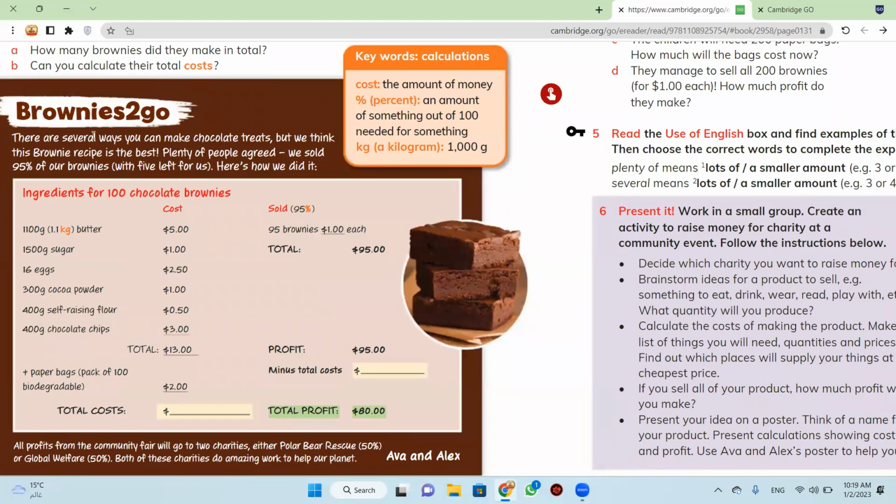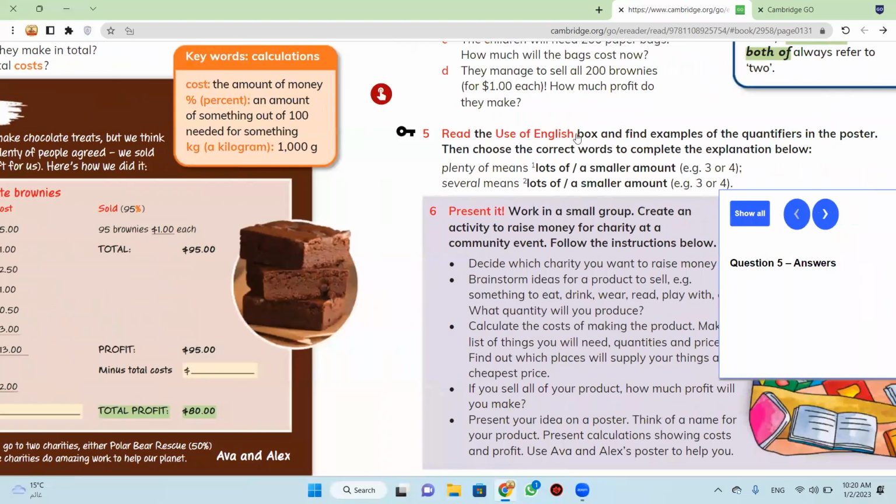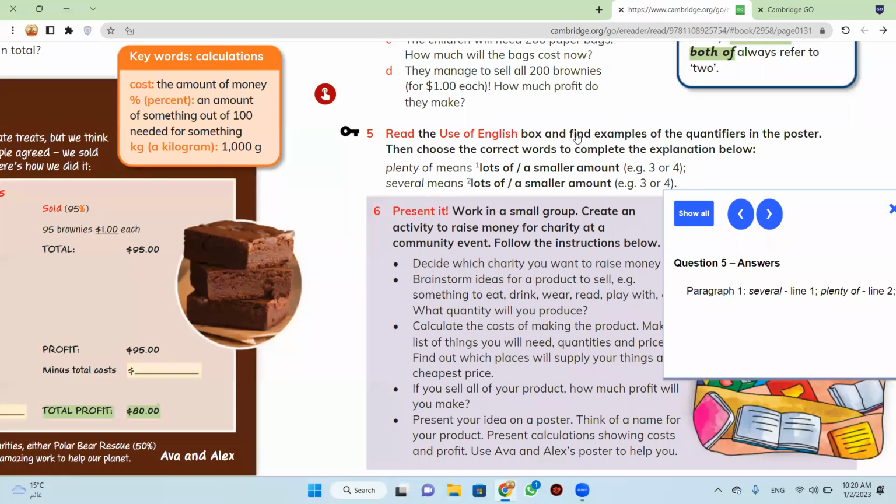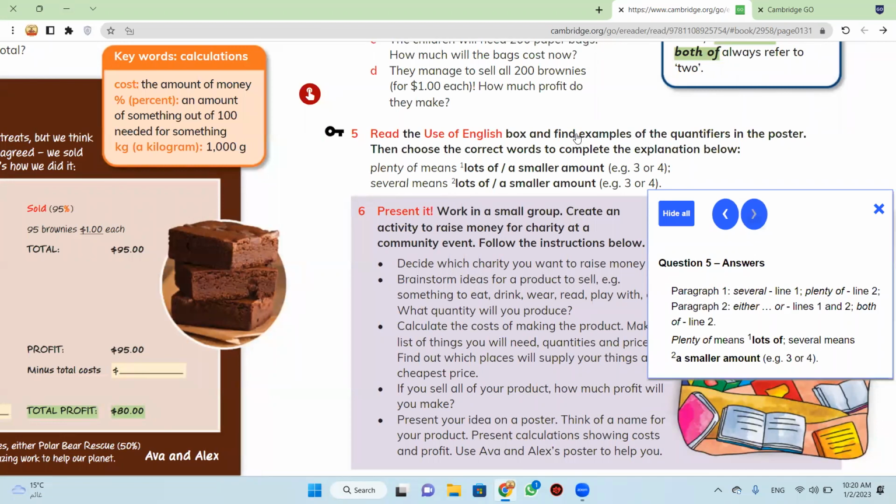There are several ways you can make chocolate treats, but we think this brownie recipe is the best. Plenty of people. So the use of several here means lots of or a smaller amount? So the correct answer, plenty of means lots of, while several means a smaller amount.